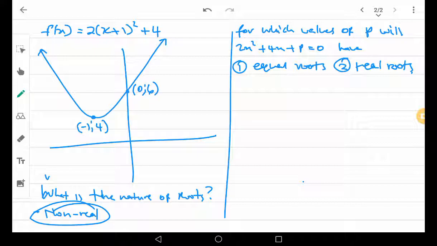Remember, for which values of p will this have equal roots or non-real roots?